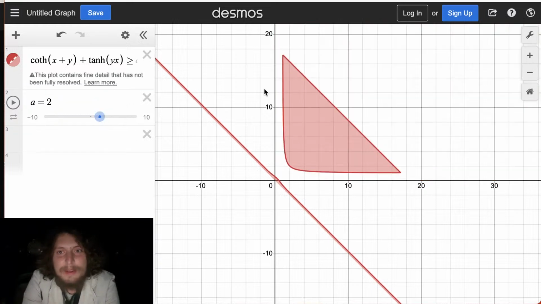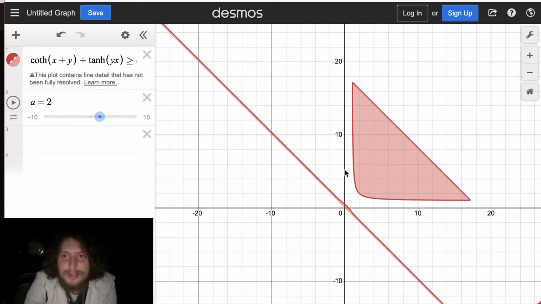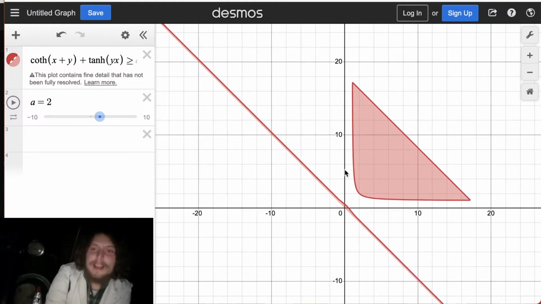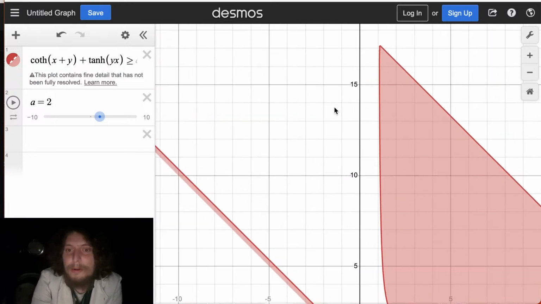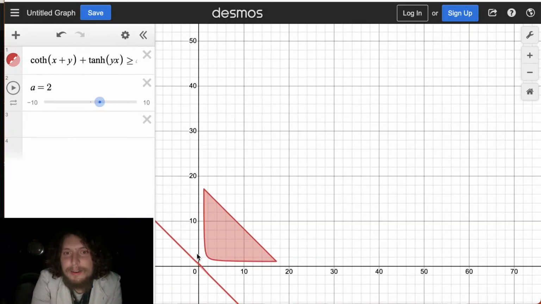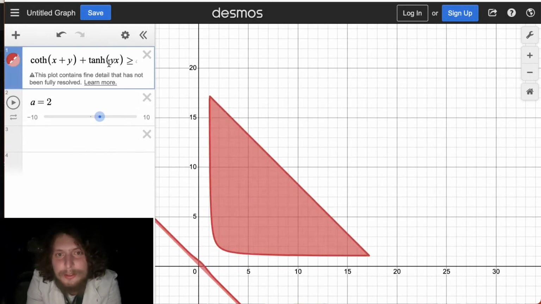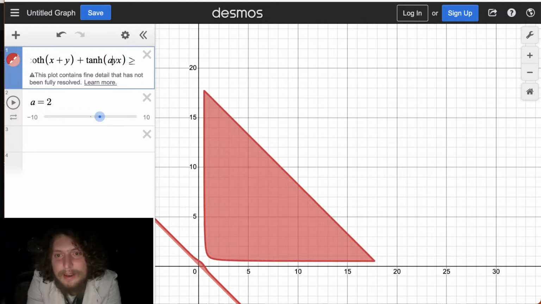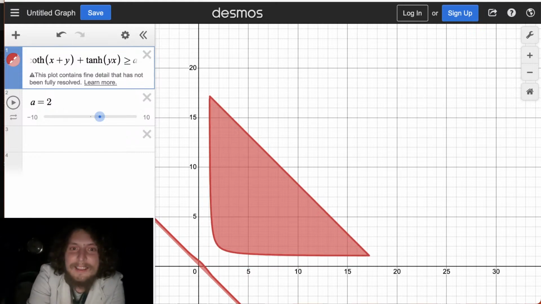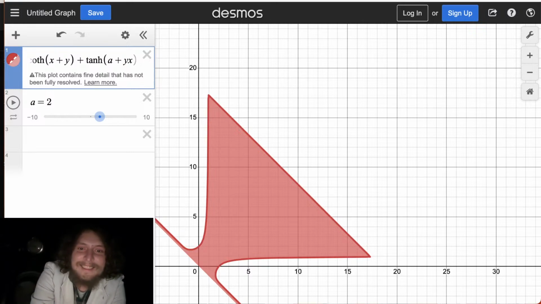I really like when we can get an island like that, because then when we mutate the formula, sometimes we get cool shaped islands, as opposed to just the whole thing looking polluted. Now, there's a little island. I wonder if we can mess with that island a little bit. What happens if I multiply one of these by the same a, but it's inside here? Oh, that just stretched the island a little. What if I had added the a? Oh, it connected the island.